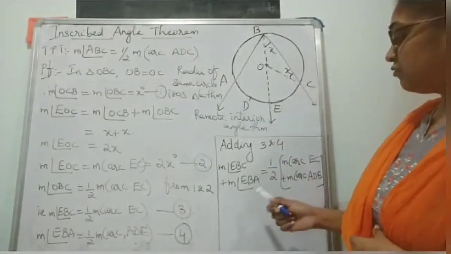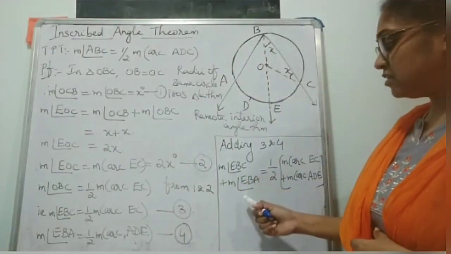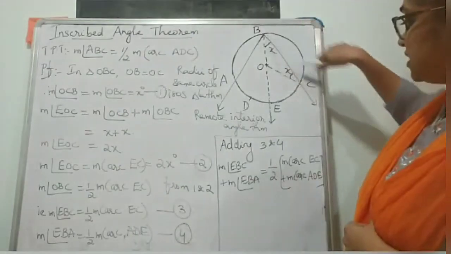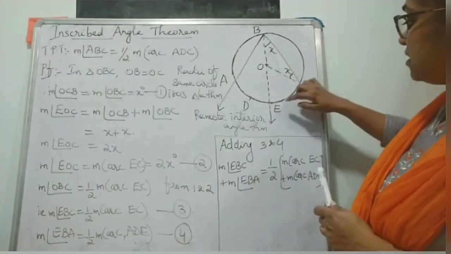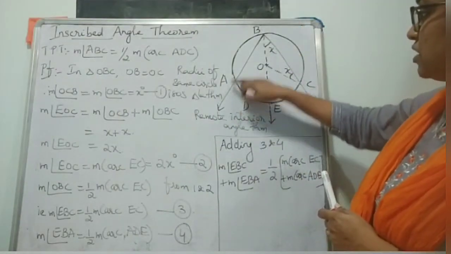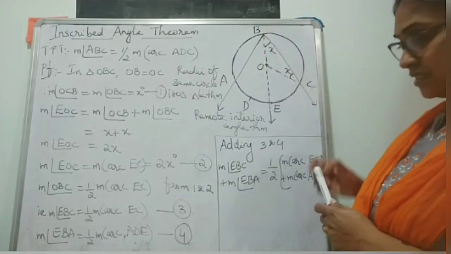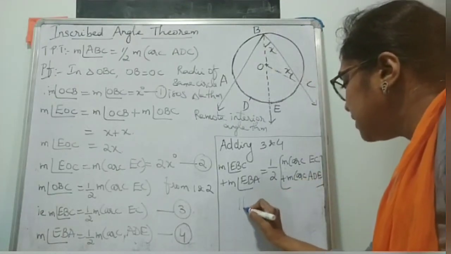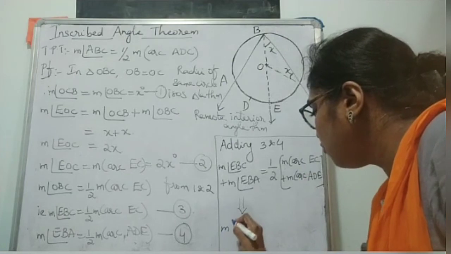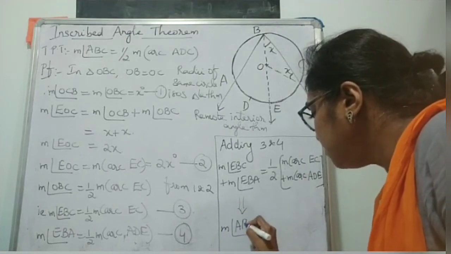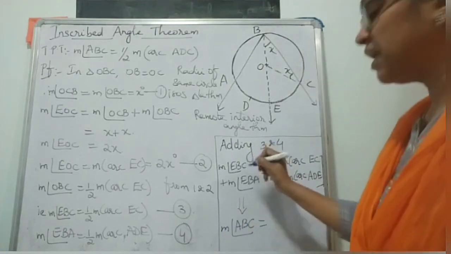Now if you look at the figure, when we add these two angles, angle EBC plus angle EBA gives you the complete angle ABC. So this can be replaced by the measure of angle ABC. This is by angle addition.